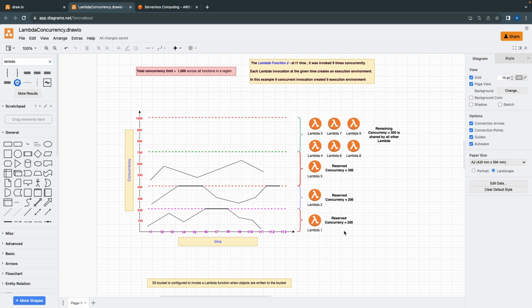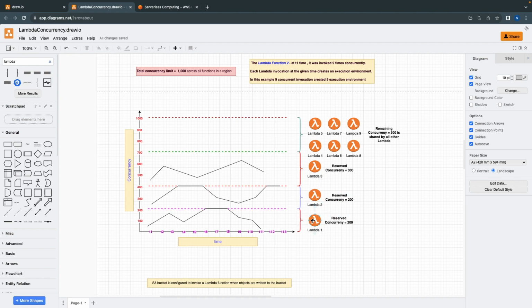So what we are going to do is, for your lower environment Lambda function, you can use a concurrency setting called reserved concurrency to limit the scaling of how many concurrent executions it can do. We know that when we set the concurrent execution limit, the number of execution environments that get created is also limited.